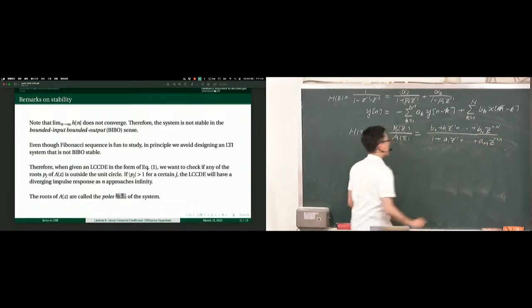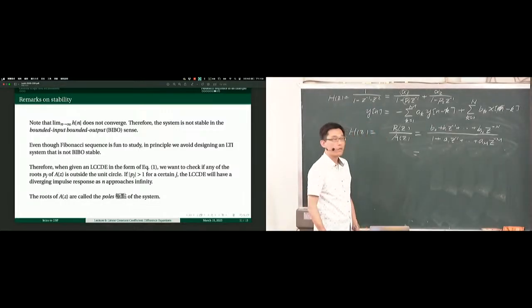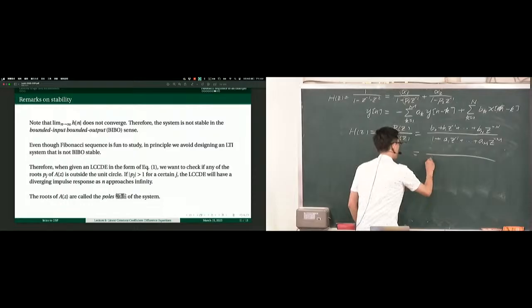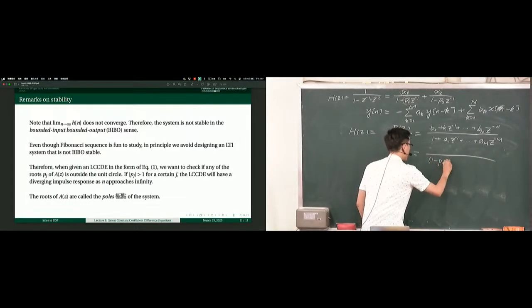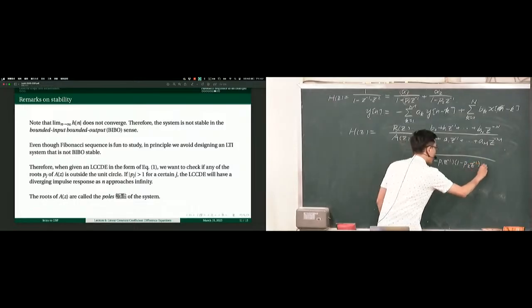So that's our system function, and then you can factorize the denominator as 1 minus p1 z inverse, 1 minus p2 z inverse, and so on.